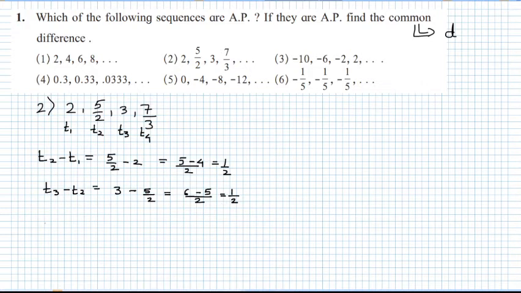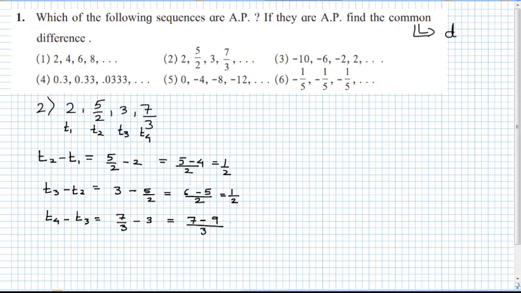Then what is T4 minus T3? Let us check that also. T4 is 7 upon 3 minus T3, which is 3. So that is 7 minus 9 upon 3, which is minus 2 upon 3.